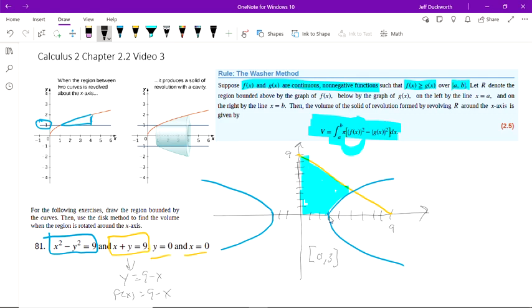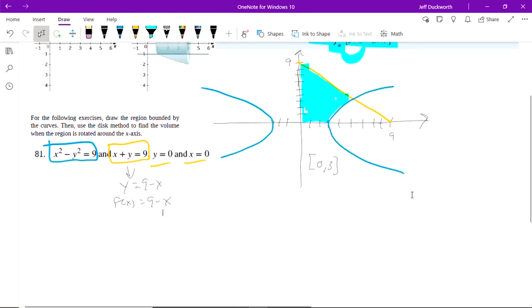For the points 3 to whatever, we need to find out where they intersect over there, and let's do a little algebra to see that. All right, so let's look at this. We have this function here, which gives us y squared is equal to x squared minus 9. And here we know what x is, so we can replace it.